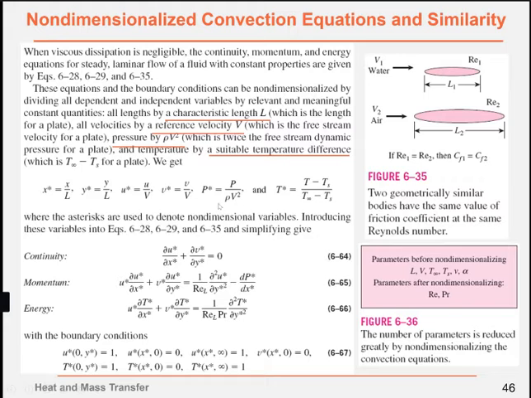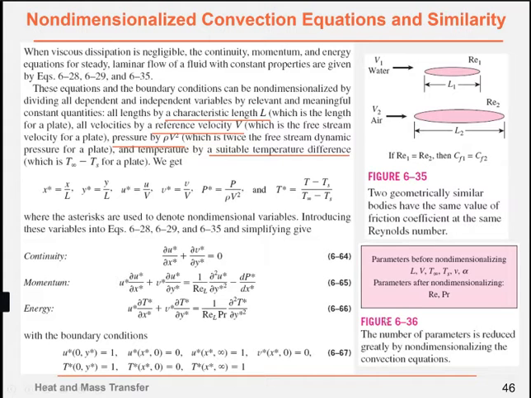And just now, we used some characteristic length, reference velocity, pressure, and the suitable temperature difference to make the non-dimensional parameters. And you can see the parameters before non-dimensionalizing are L, V, T infinity, T surface, V, mu, alpha, and the parameters after non-dimensionalizing are only Re, Reynolds number, and Pr, Prandtl number.